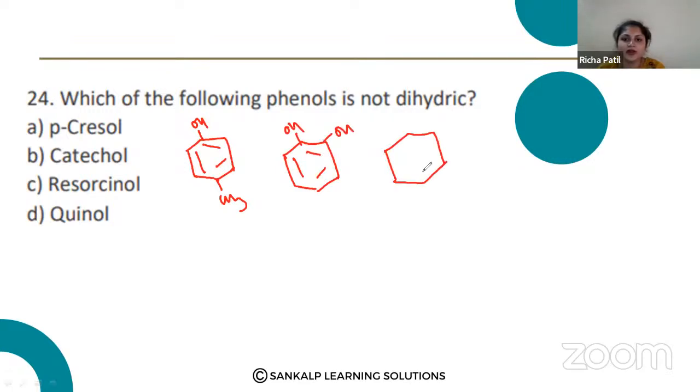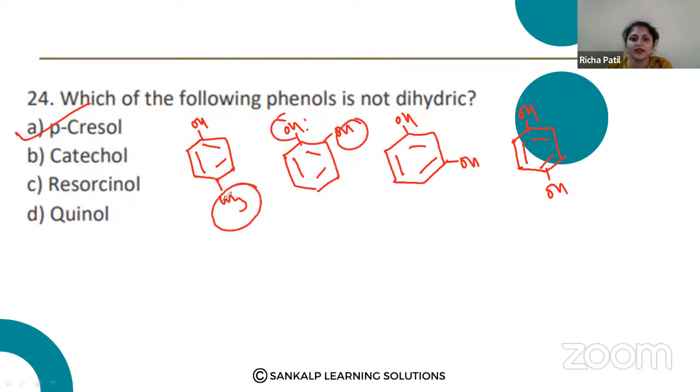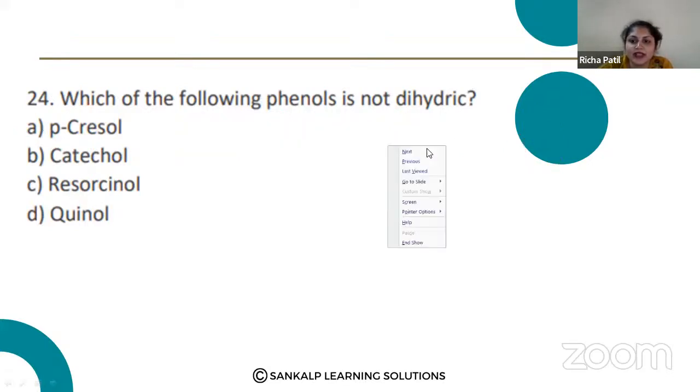Then resorcinol is OH and here OH. Then quinol is OH and OH. The one not having two hydroxyl groups is paracresol. You can see here in this only one OH is there and a CH3. So it is not dihydric, since two OH are not present. So it is A. Yes, correct.